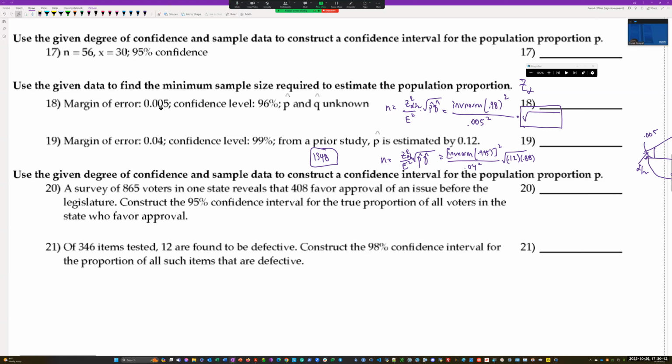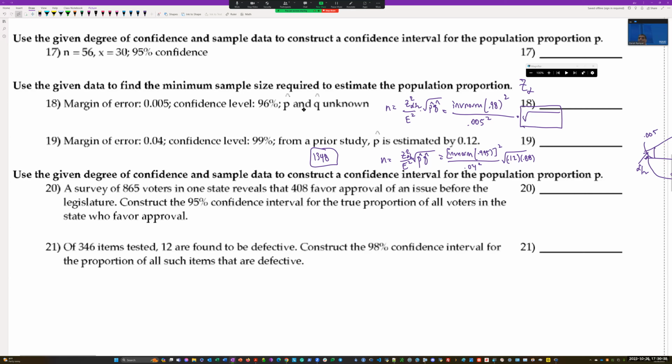This means you're within 0.005, plus or minus. So you're 96% confident you're going to be within 0.005. How many people do we need to sample? Do you understand why this is important? This is really the first thing you do when you do statistics. How many people do I need to sample, right?